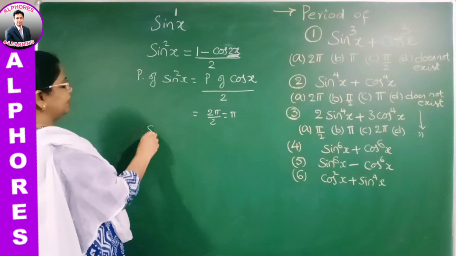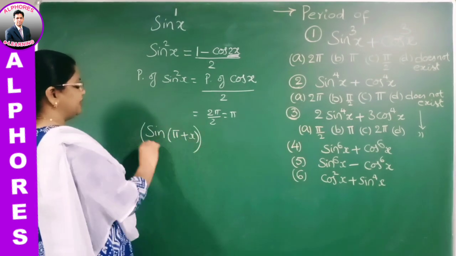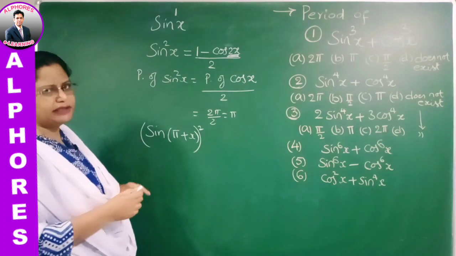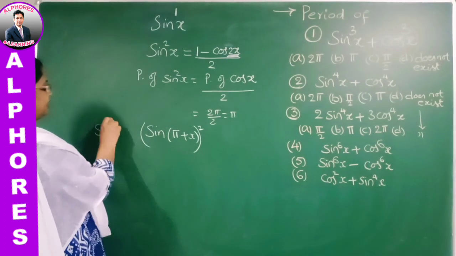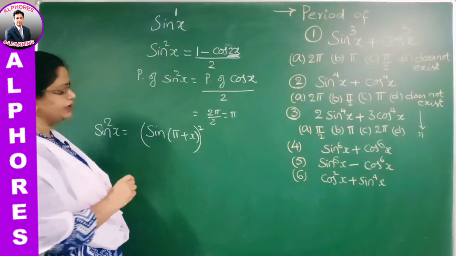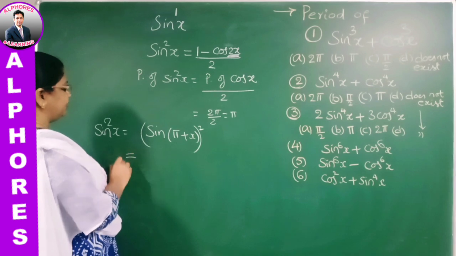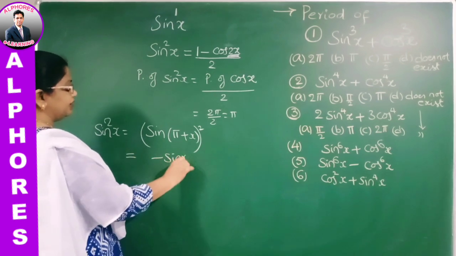That means sin of (pi plus x) whole square. Replace x by pi plus x in sin square x. Then what is this value? It is nothing but (minus sin x) whole square, right?